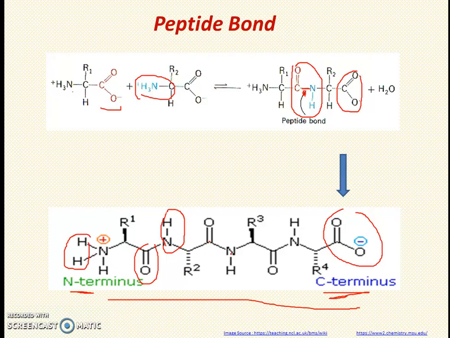This is CO and NH, first amino acid, second amino acid, third amino acid, and it goes on like that. Remember to practice all the structures. This is the formation of the peptide bond at a glance, and when you practice these structures, it is very easy to remember.